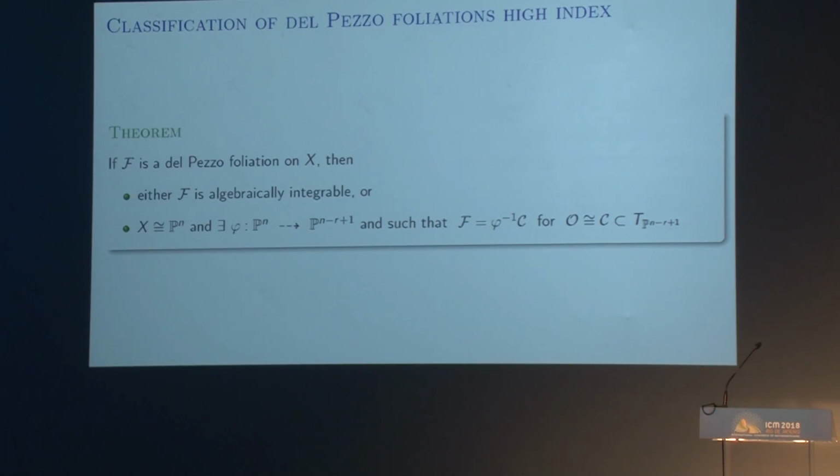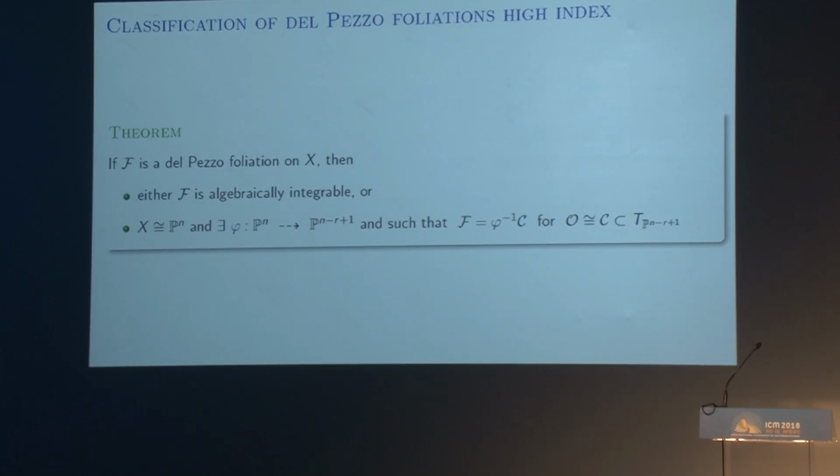I just want to remind you of this theorem that was some slides back. If you have a del Pezzo foliation on a complex projective manifold X, then either F is algebraically integrable, or our ambient variety is P^n, and our foliation is a linear pullback from a foliation with numerically trivial canonical class in a projective space.